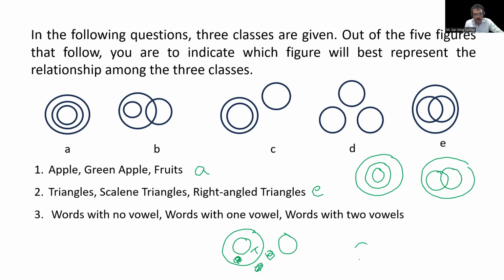Okay. No vowel word, one vowel word, and two vowel words. So what is the answer? Option D is the correct answer. It's not C. Be careful. Suppose if you take it like this, then what happened? All one vowel words are two vowel words. Is it valid? No. Suppose this is the two vowels and this is the one vowel, so two vowel words are one vowel words.